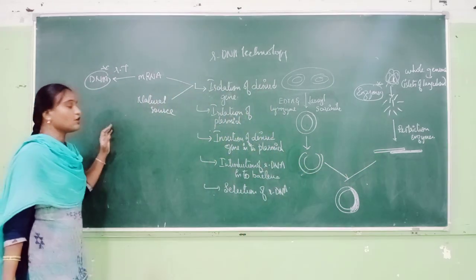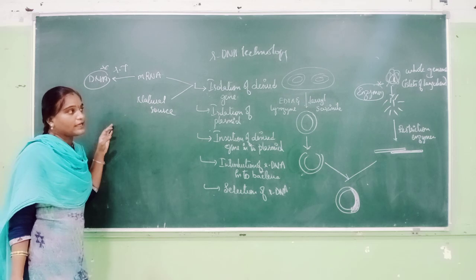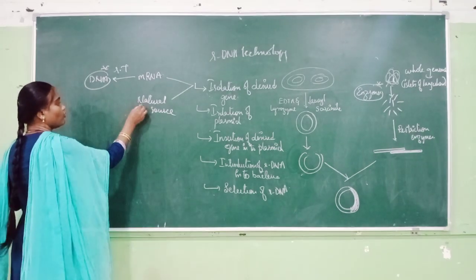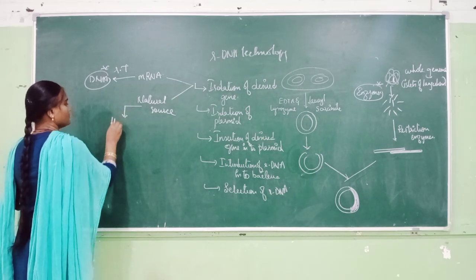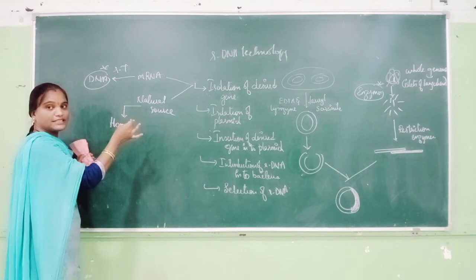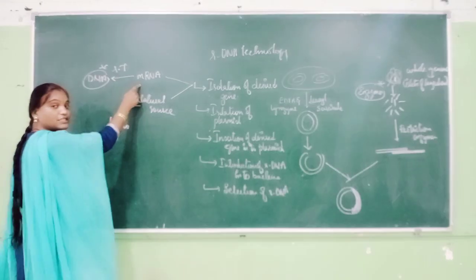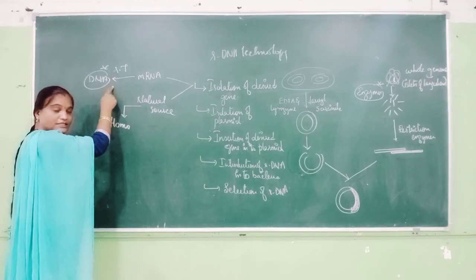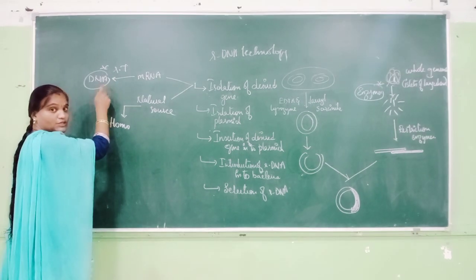So next is from your natural source. Again, these cells are first homogenized. So these are the two steps for isolation of your desired gene, that is your insulin. Initially first mRNA, next this mRNA is treated with reverse transcriptase enzyme, then DNA molecule is produced.